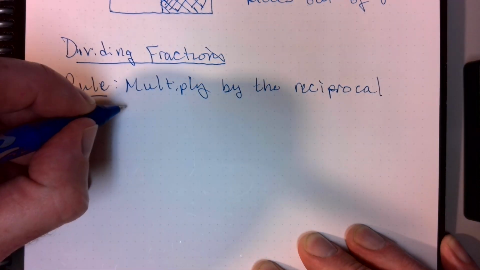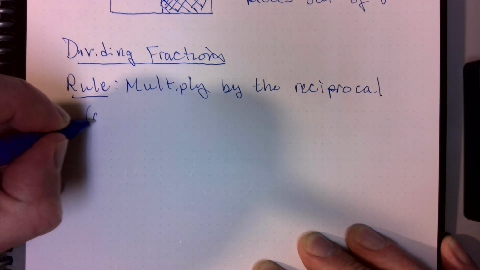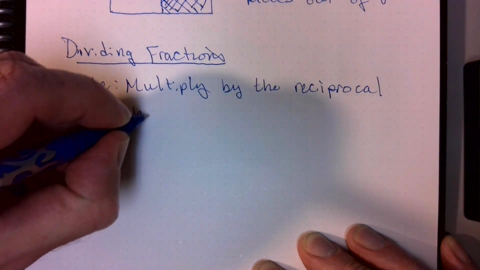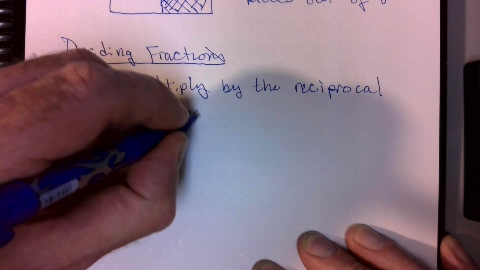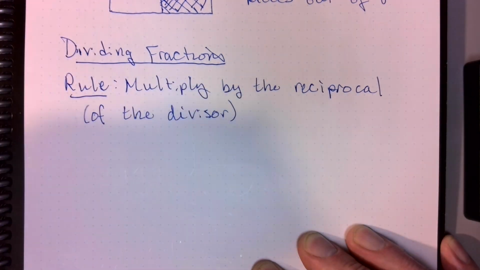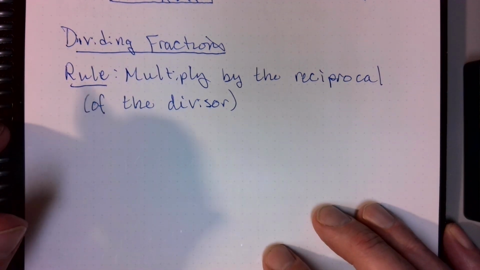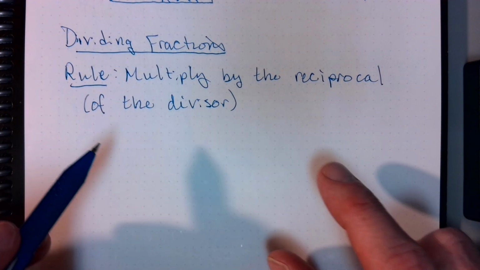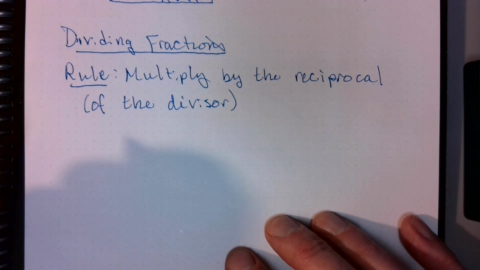And we'll talk about what that is. In particular, it's the reciprocal of the divisor. So the rule for dividing fractions is multiply by the reciprocal.